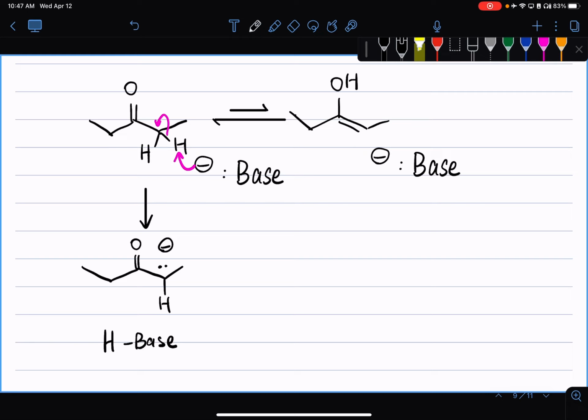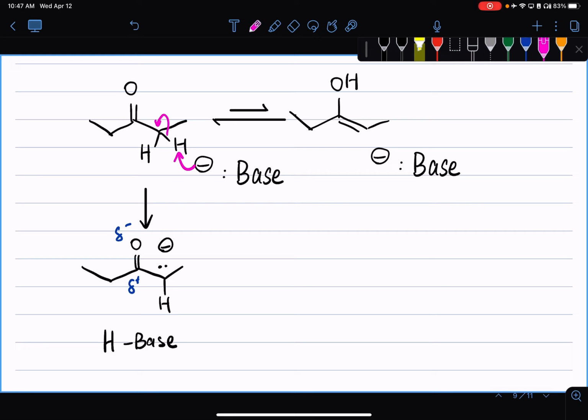Now in this anionic species, let's think about how the electrons can move. This one is very nucleophilic. It's a carbon-centered anion species. And this carbonyl group is a polar double bond, so we have a partial positive charge and a partial negative charge.